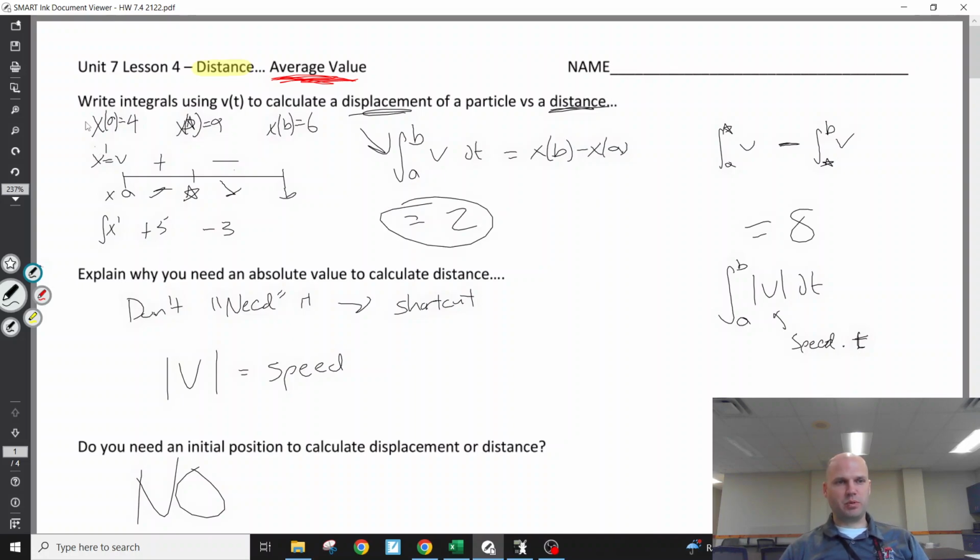My change in position from 4 to 6, I ended up 2 to the right of where I started. But my distance is 8. I take that 4 to 9, that changes 5. Take that 9 to 6, that changes 3. Add those 2 changes up, you get 8. So don't add 4 to 2 to get a displacement. The 4 plus the 2 is your future position.